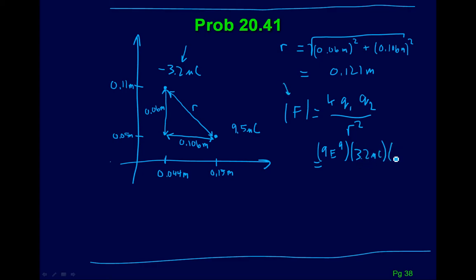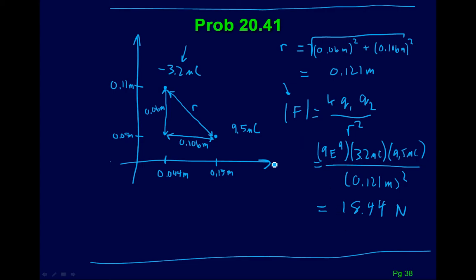So 3.2 microcoulombs, 9.5 microcoulombs, and then of course it's all divided by 0.121 meters squared. Make sure you do this with me, and when I did this I got 18.44 newtons. Because the book gives this to us in x and y coordinates, we want to figure that out from this magnitude. So this gives us the magnitude of our force.